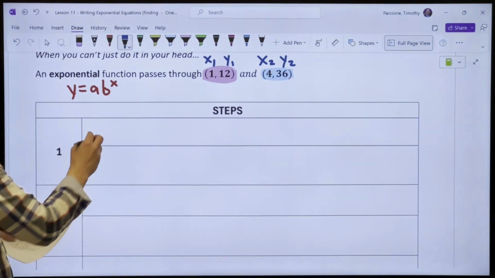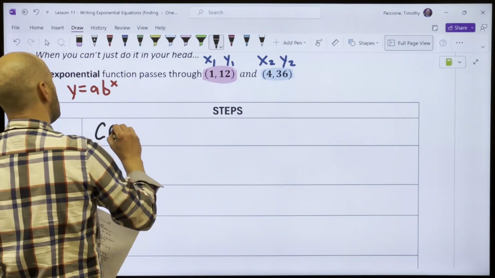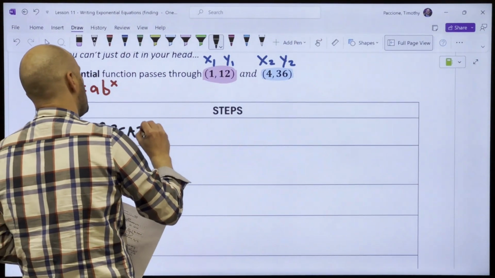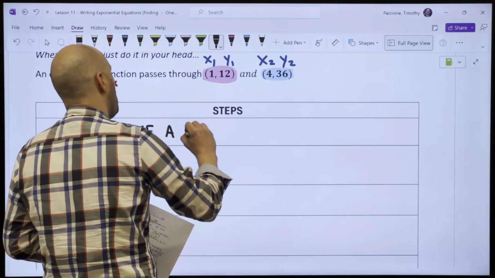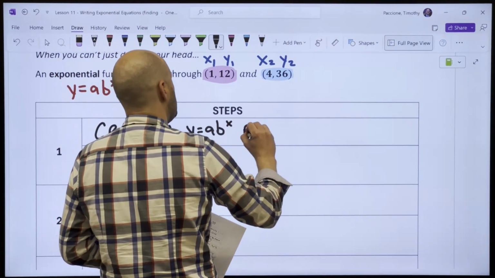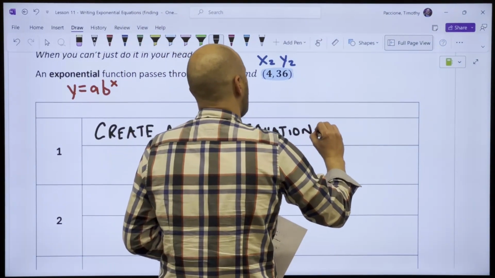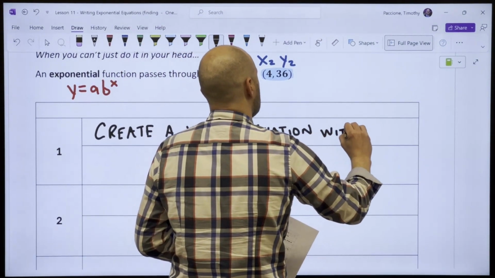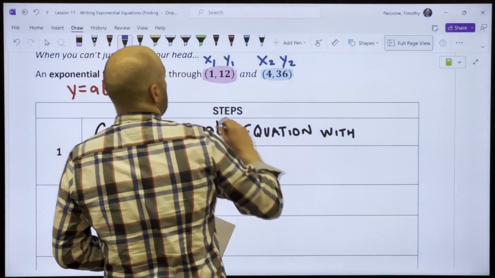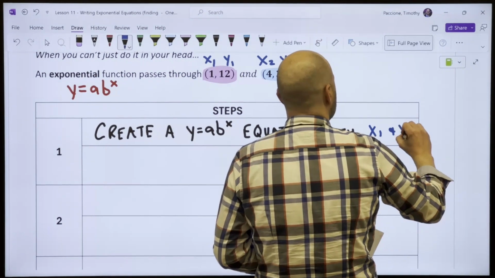Okay? All right, so the first thing you want to do is create a y equals ab to the x equation with x1 and y1.